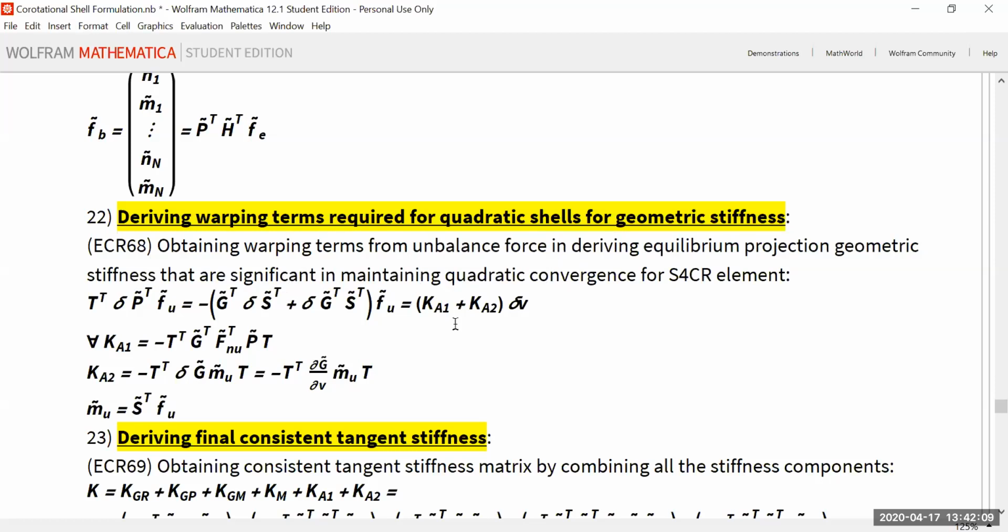So just to explain that briefly, when you have the quadratic shell, it's flat, and in the small strains it remains relatively flat, but as your strains enlarge, since this is a curved shell, you're going to have these warping effects, and that's where the main issue is. I'm going to see if I can figure that out, because I'm going to try to implement these additional terms. So these additional stiffnesses are here and then here.